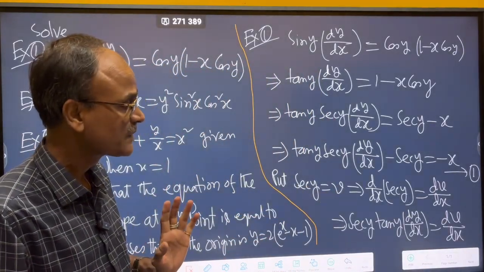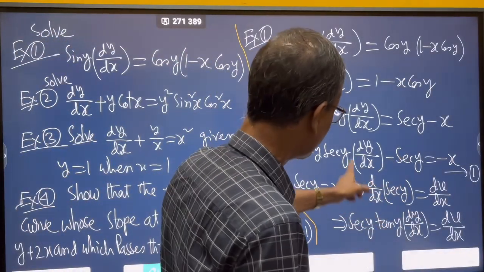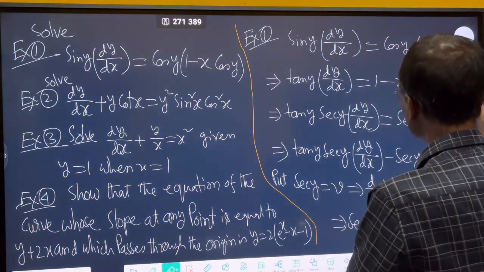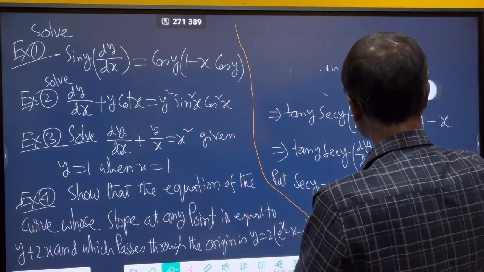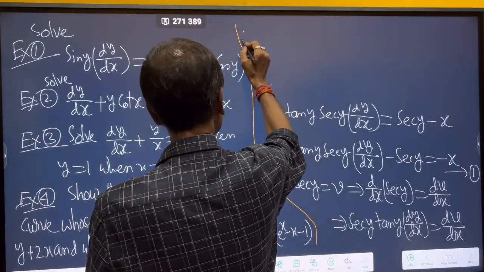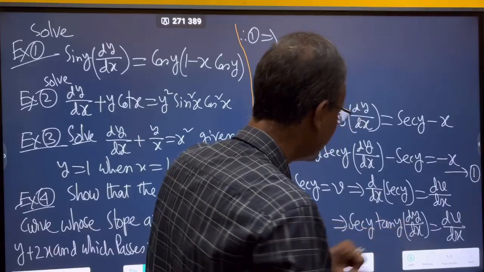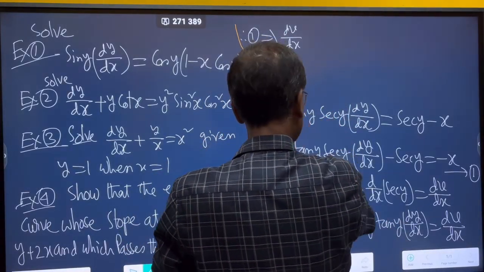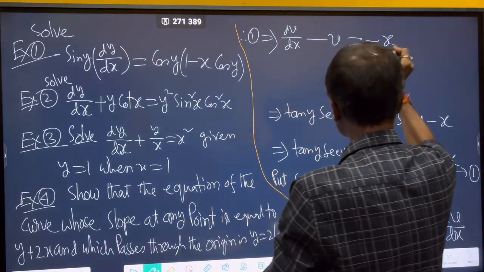Therefore equation 1 becomes: tan y sec y dy by dx means dv by dx, so dv by dx minus v (for sec y write v) equal to minus x.